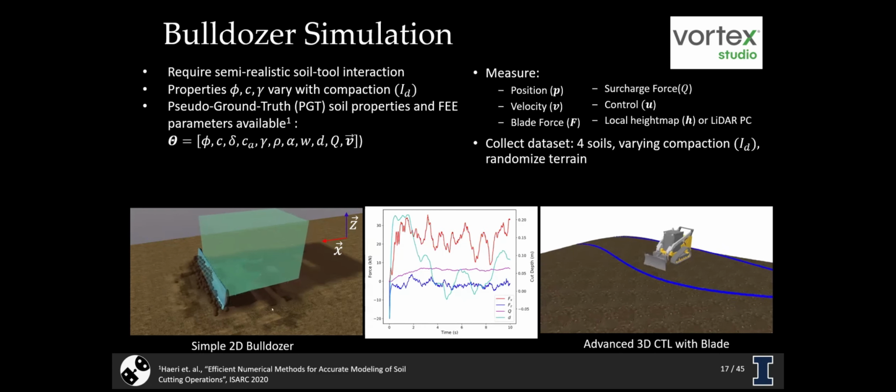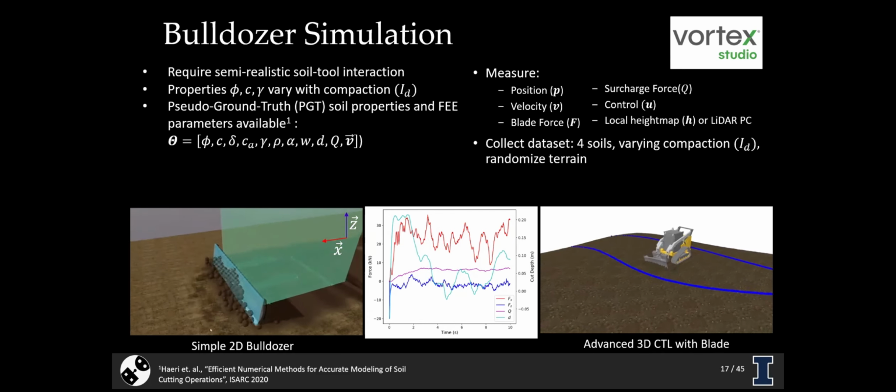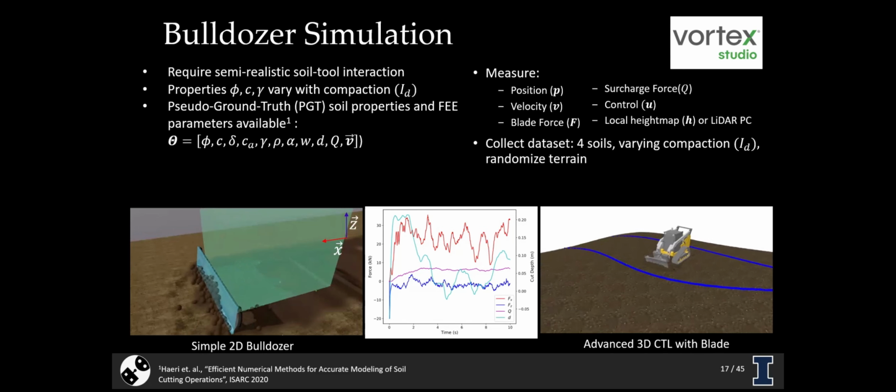So the other thing is that when we're performing these experiments, we measure a number of things. Again, we're measuring the position of the chassis and blade, the velocity of the blade, and in the more complex case, the positions of each of the joints with the compact track loader, as well as this blade force, which is depicted here in the red and blue.